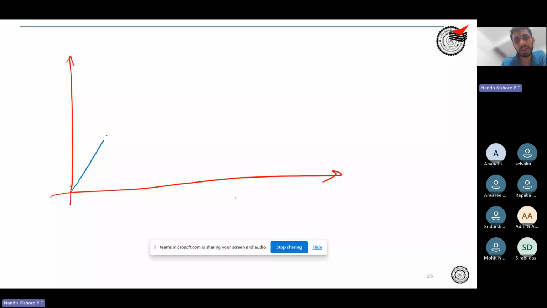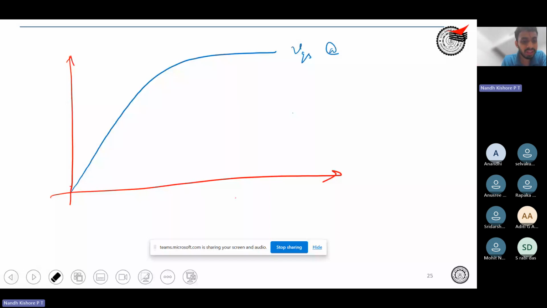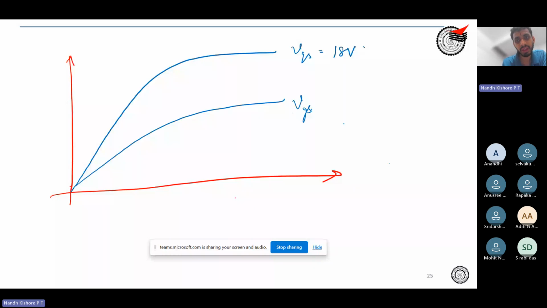And let's say this is VGS equal to, let's say, 18 volts, and there will be another curve, VGS equal to 12 volts.